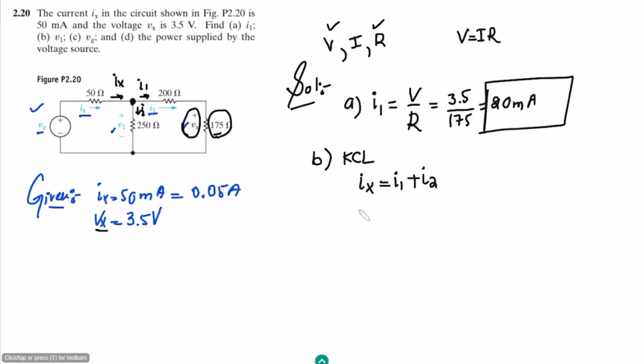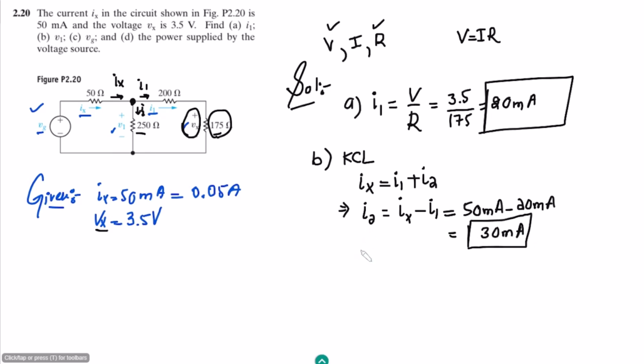So the value of I2, flowing through this 250 ohm resistor, is I2 equal to Ix minus I1. The value of Ix is 50 milliamps and the value of I1 is 20 milliamps, so I get 30 milliamps.